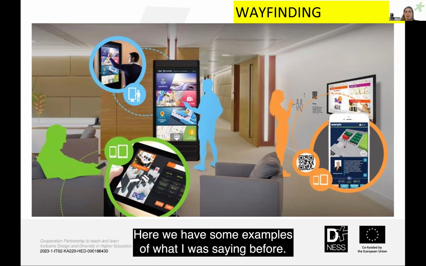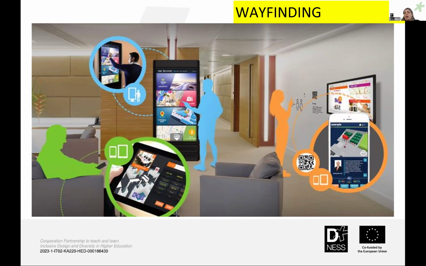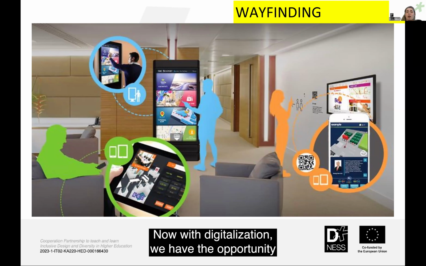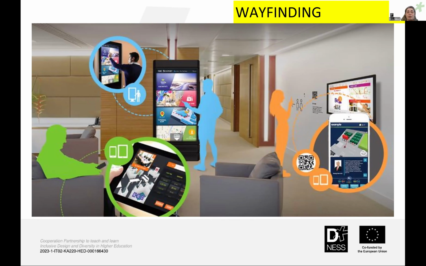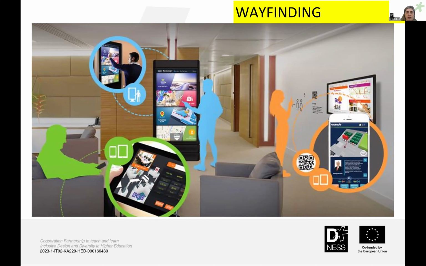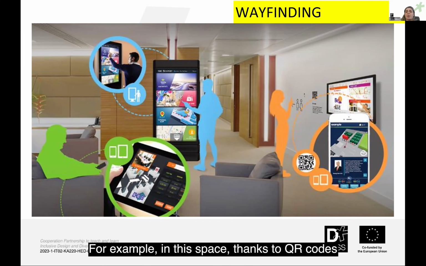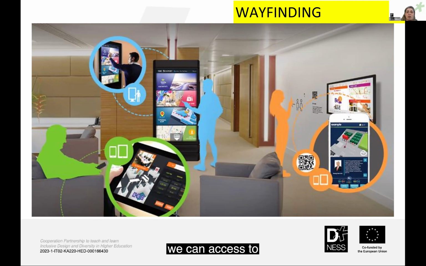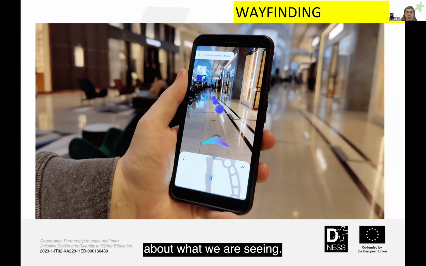Here we have some examples of what I was saying before. Now with digitalization, we have the opportunity, with the smartphone, to augment reality with digital elements. For example, in this space, thanks to a QR code, we can access a huge amount of information about what we are seeing.